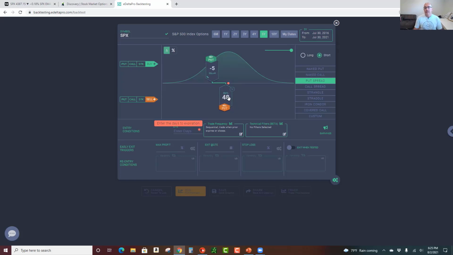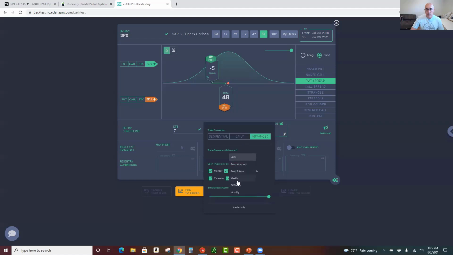That means that it's typically the first put out of the money, and we're going to buy a put that's 5 points lower. So on SPX, this would be a single strike wide put spread, or 5 points wide, but it's a single strike wide.